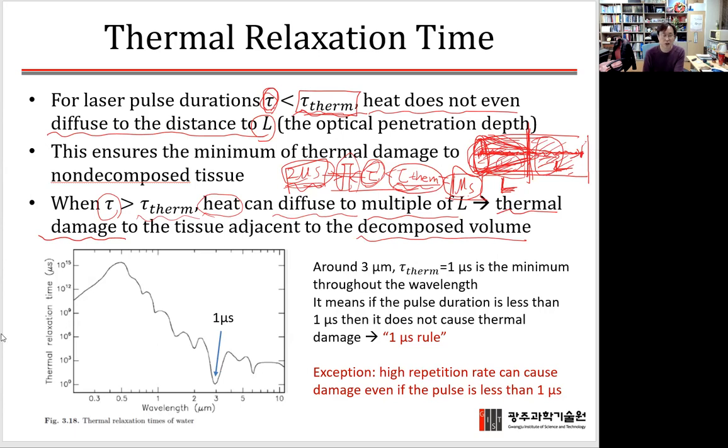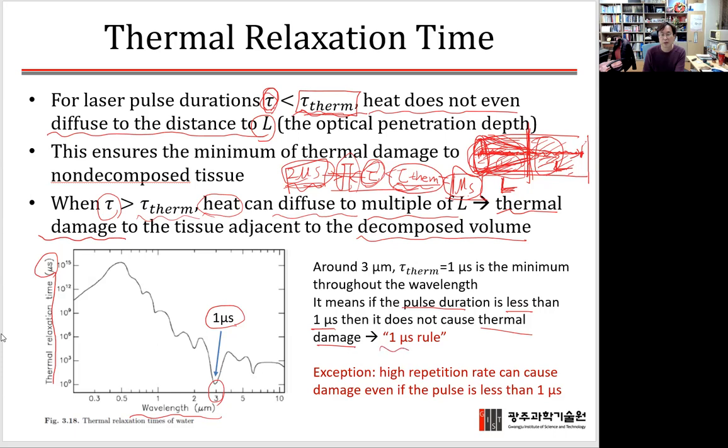So when you look at the thermal relaxation time on a microsecond scale, you can also see that around the 3 micrometer wavelength, that is about 1 microsecond. So if the pulse duration is less than 1 microsecond, then it does not cause thermal damage to the surrounding tissue volume, other than the tissue volume having the optical penetration depth.